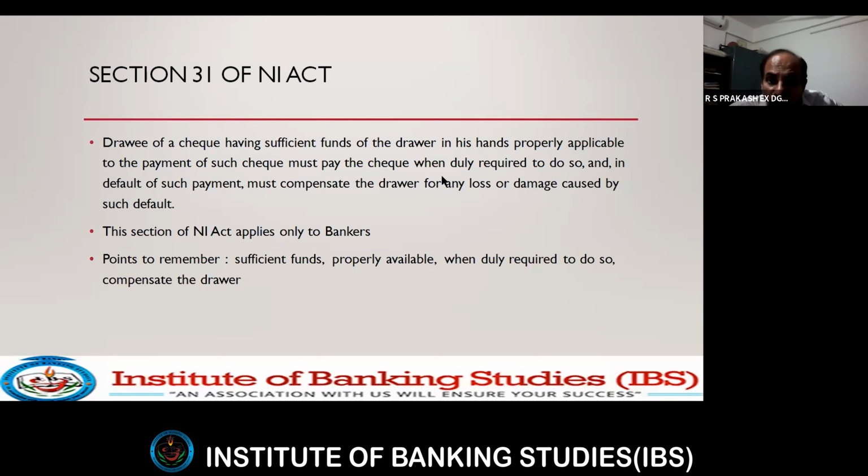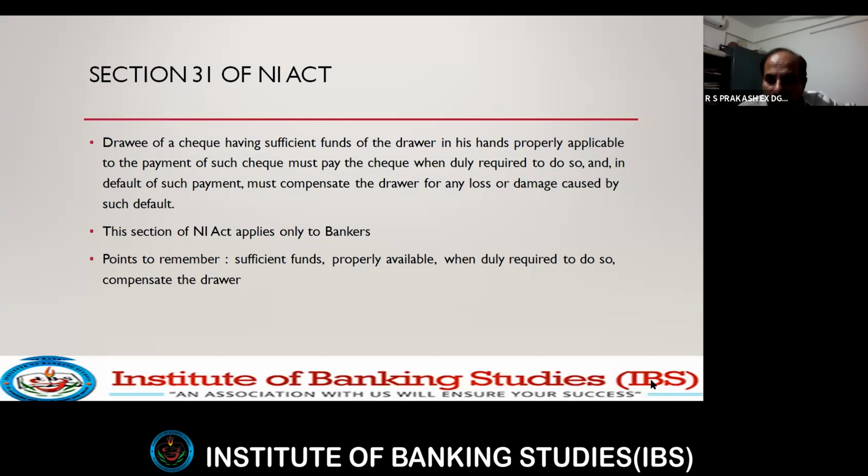The bank cannot refuse payment. Under what circumstances? When there is enough balance properly applicable. Why? I will give an example. Properly applicable means, yes, there is a balance in the account, but that is to be taken care of towards his liability.